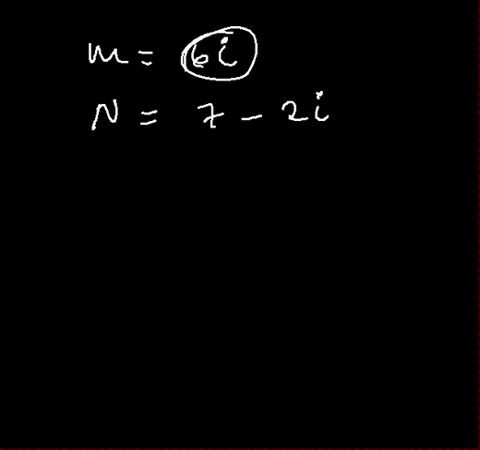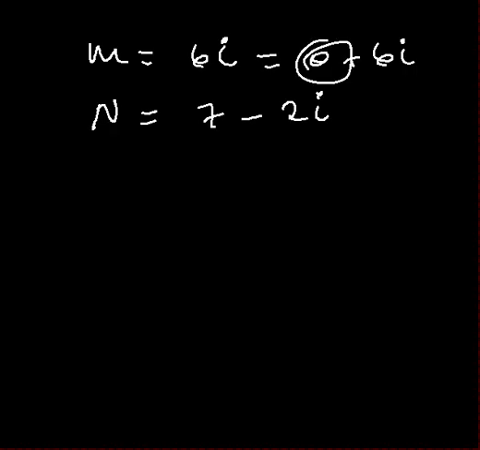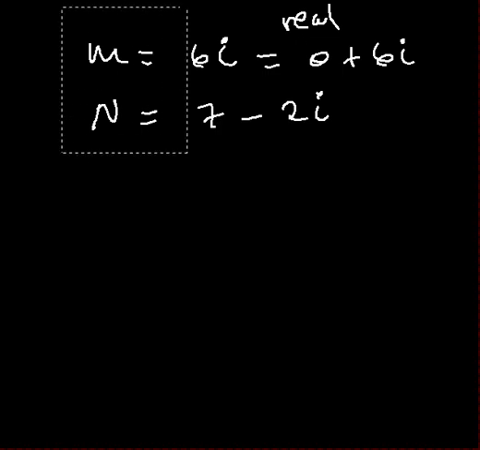As you can see, we are writing another part of the expression, which is the same as 0 plus 6i. From that point, this is the real part and this is the imaginary part. So whatever part is lacking, indicate that as 0, then you can do the proper operations from that point.